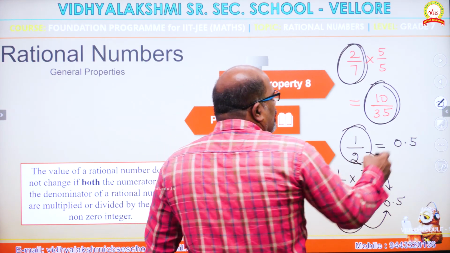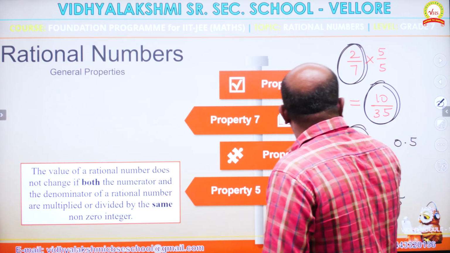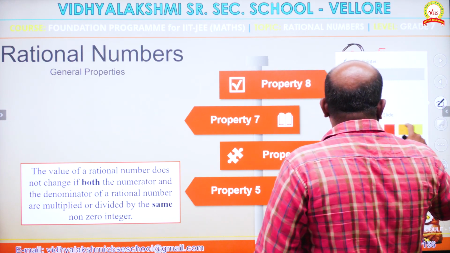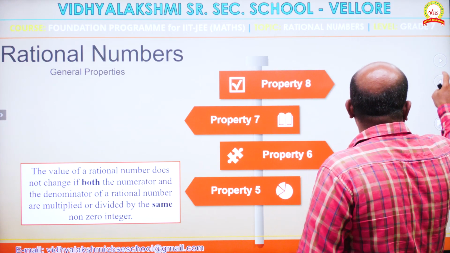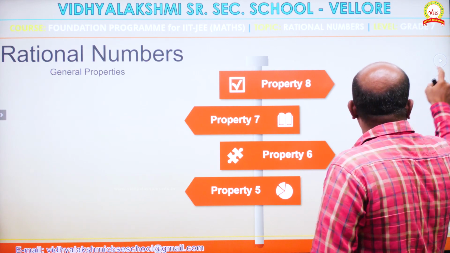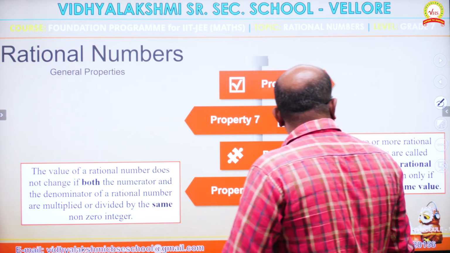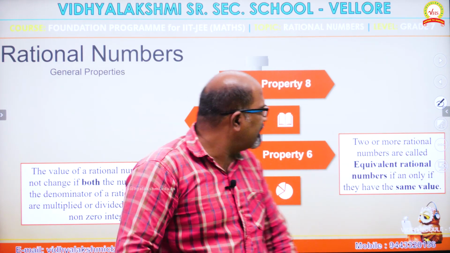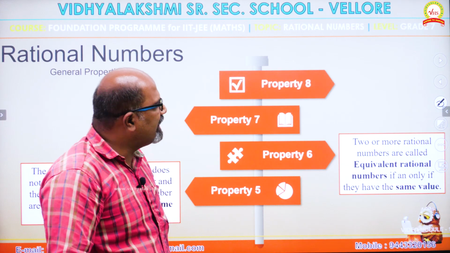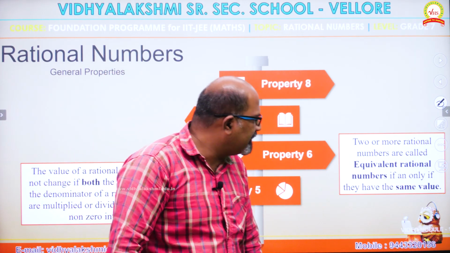Okay. Then I want to move to the next property. The next property, you can see over the screen: two or more rational numbers are called equivalent rational numbers if and only if they have the same value.